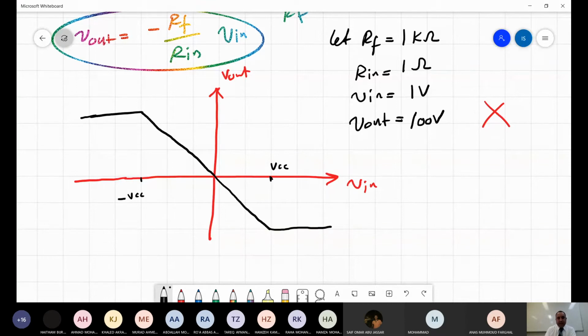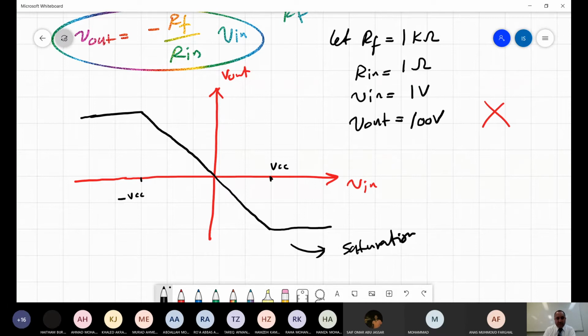So this is one example of nonlinearity, which is saturation. Do you see, this system is linear to a certain extent. After that, the system becomes nonlinear.